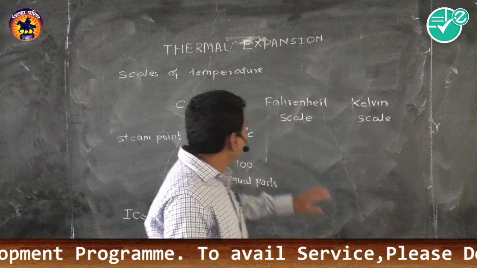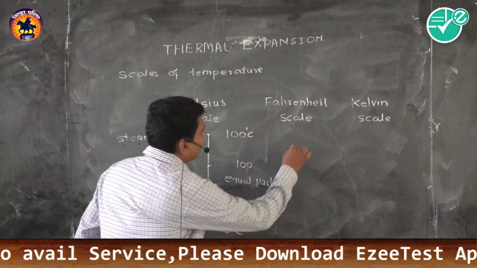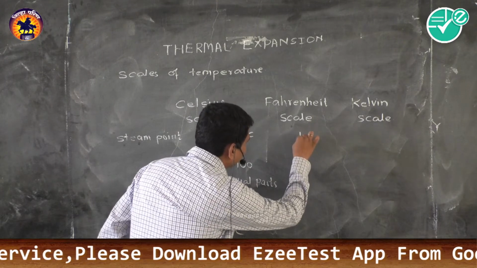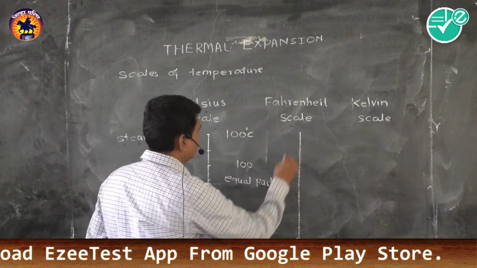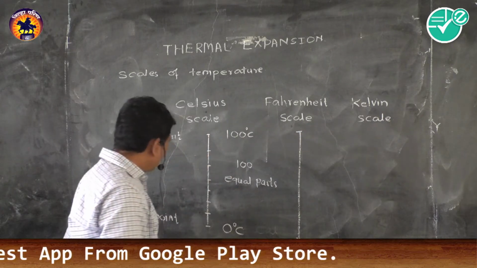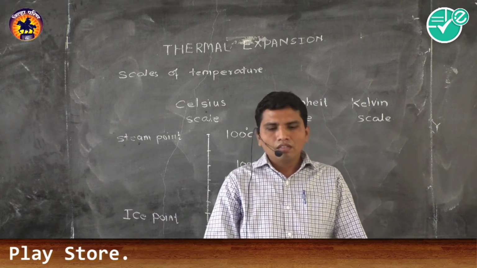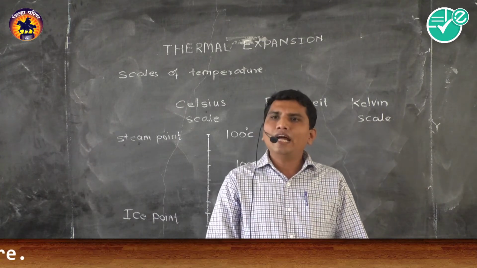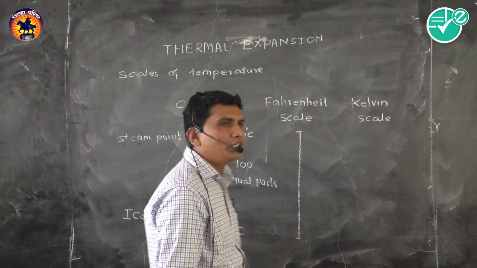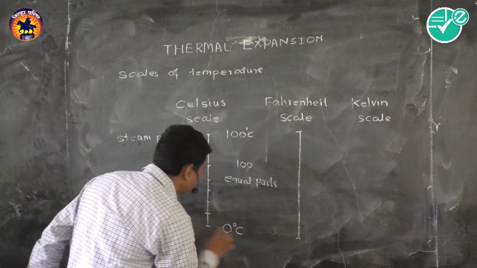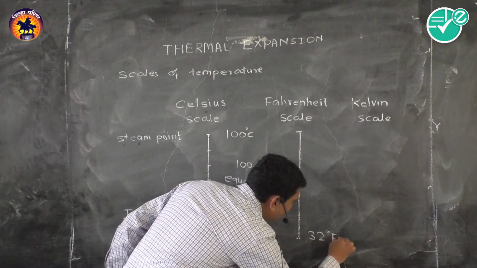Now the second type of scale, that is called the Fahrenheit scale. First point you have to remember here is that on the Fahrenheit scale, ice point is marked as 32 degrees Fahrenheit.